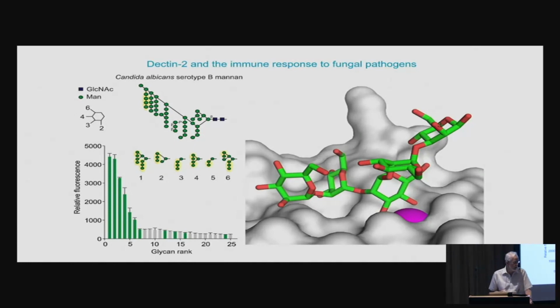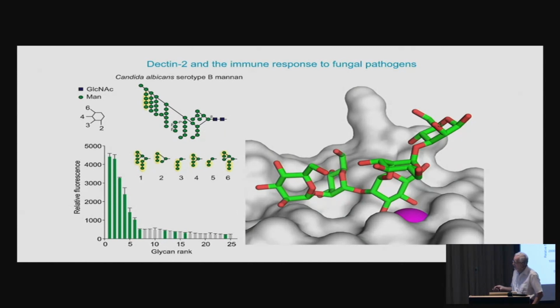And so that becomes a very good indicator for a foreign type of glycan. You're not going to put a lot of these things on your own cell surface most of the time, but these will be quite abundant on the pathogen surface. And the binding site correspondingly has a mannose in the primary binding site, just like in mannose binding protein, but it also makes contacts with these other mannoses that are part of the chain.